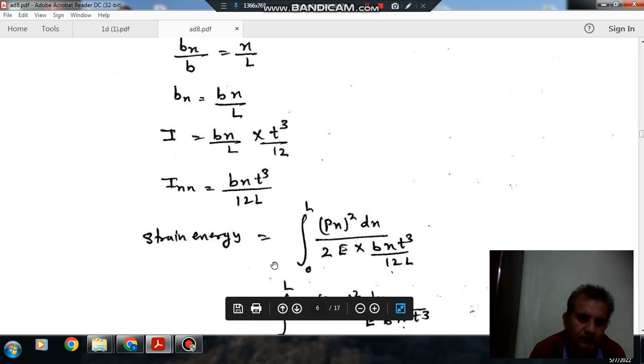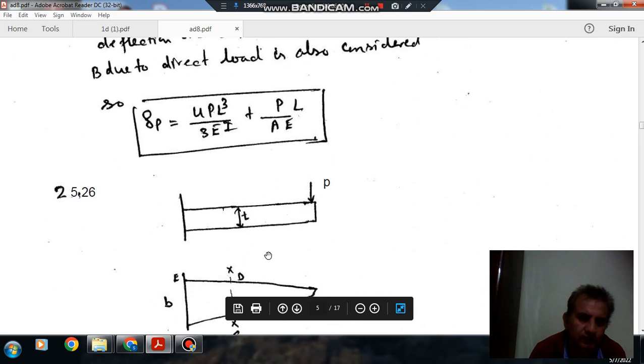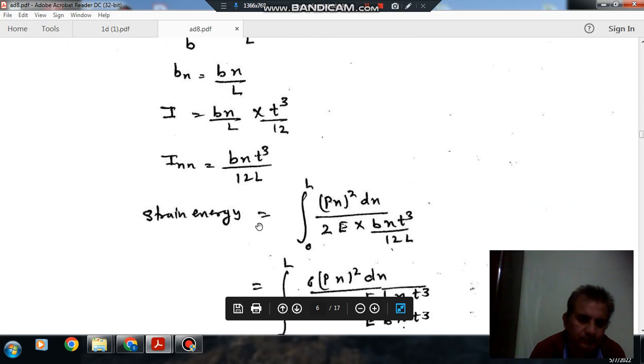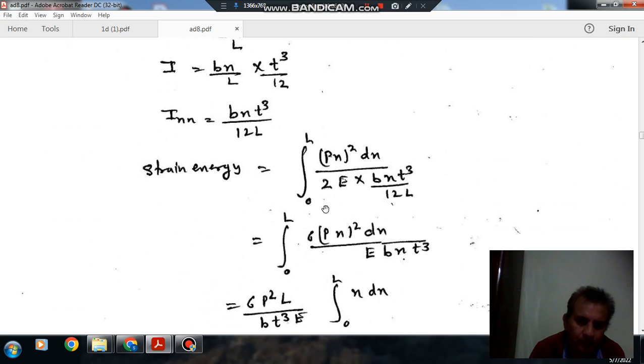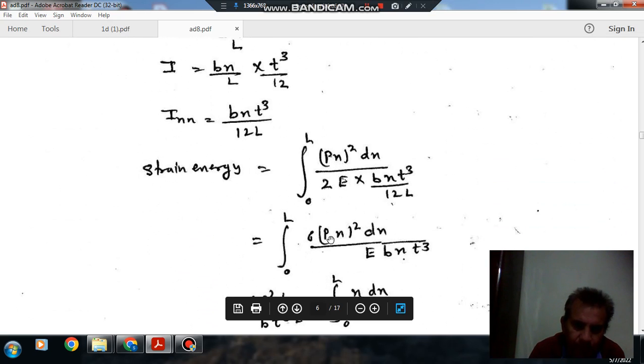And the strain energy for this part is P into x moment, or Mx square dx by 2EI, where I is this quantity. By solving it we have 6P square x square dx by Ebx t cube.